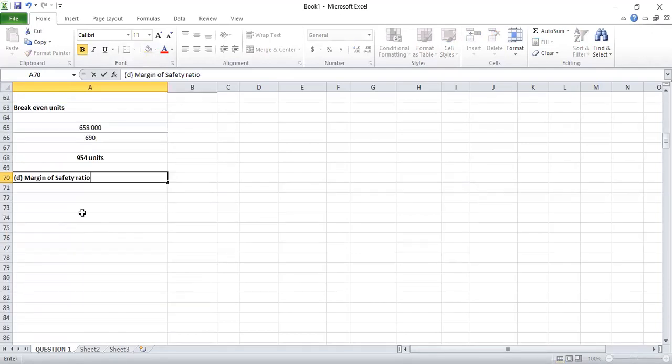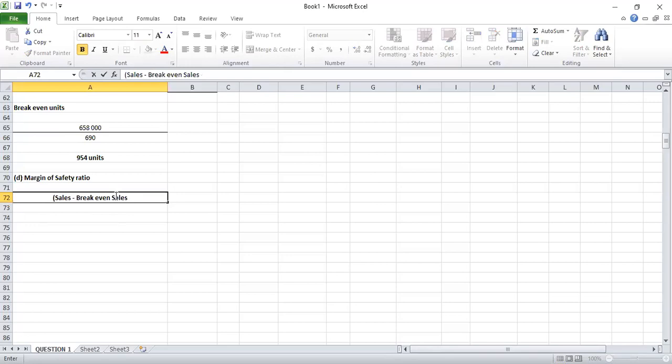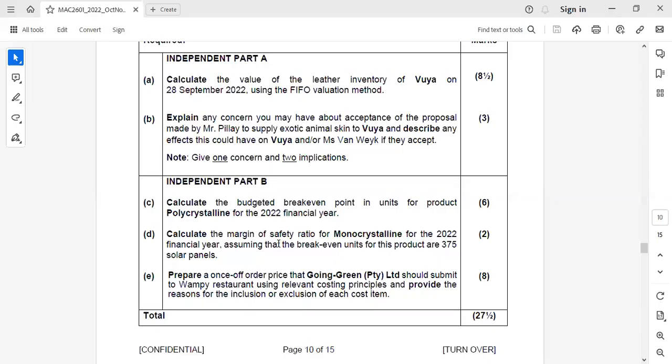To calculate that, we say sales minus break-even sales, multiplied by 100 over the sales. Right. Now we're told that the break-even is 375.